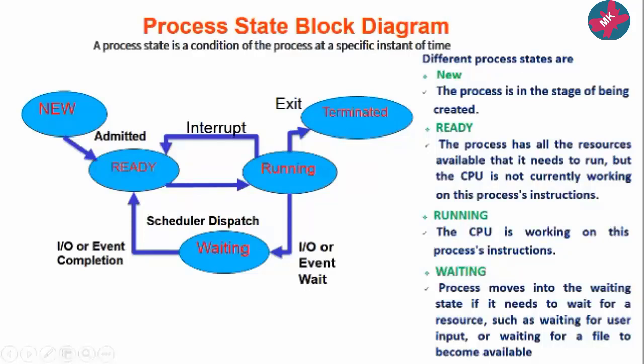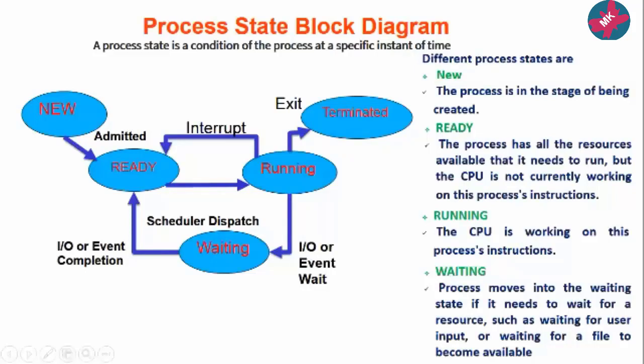Then the third condition that may occur is the waiting state. Suppose a process is currently going on. For some of its execution, it may require some data from an IO device, or it is waiting for some signal. In that case, it will enter the waiting state.